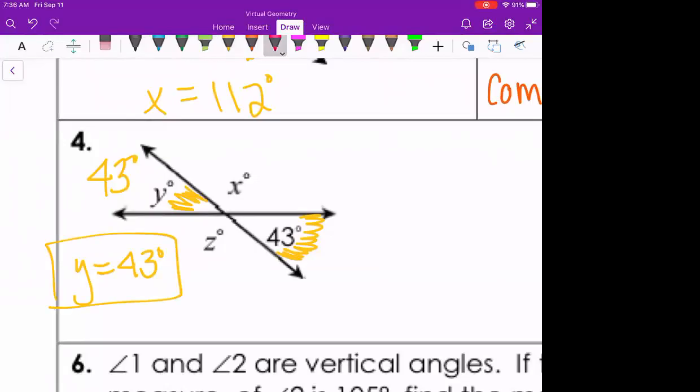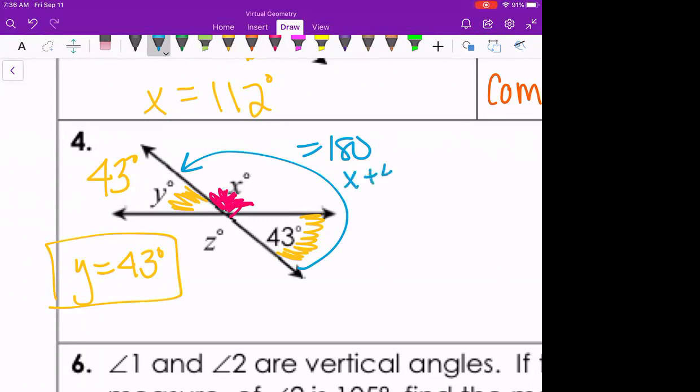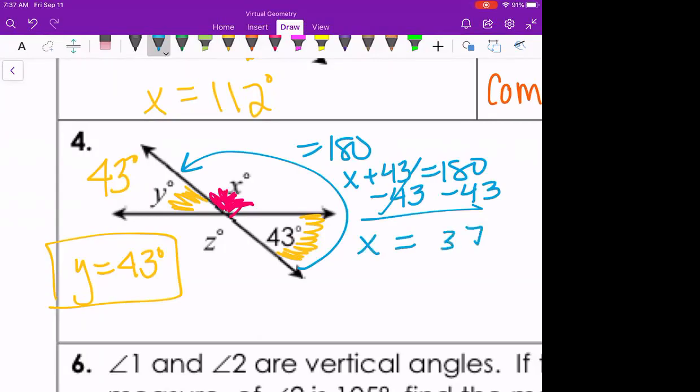Now, 43 and X, look at their positions. Together, the two of these have to make 180. So X plus 43 should make a straight line. So we've already used up 43 degrees out of my 180. So my X should be 137 degrees.